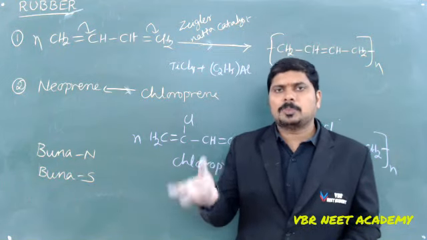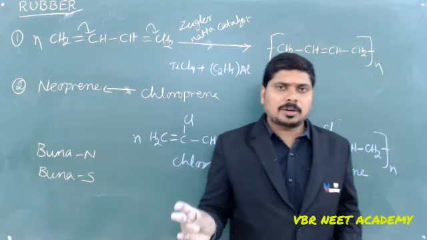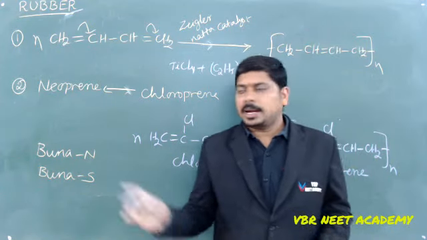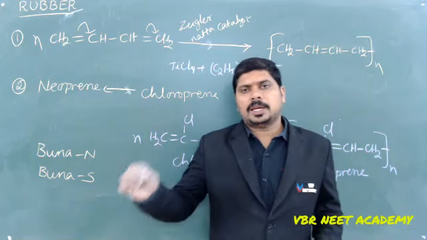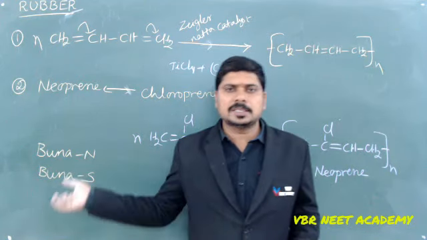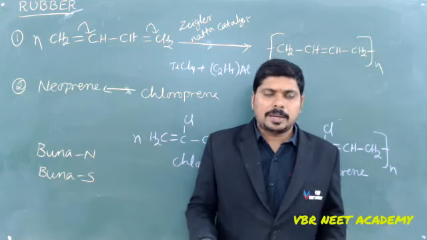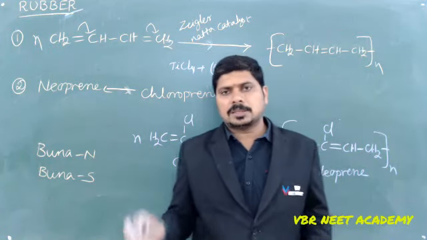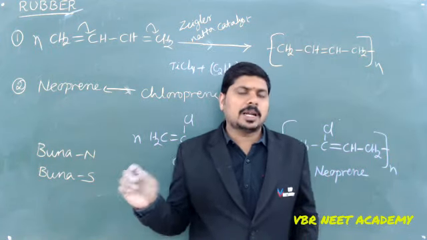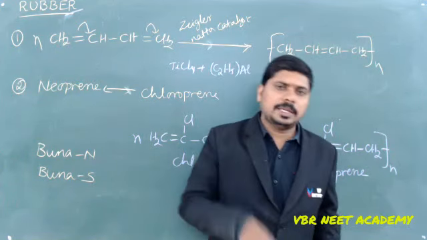So the remaining polymers: polythene, polyvinyl chloride, Teflon, and the Buna rubbers all come under addition polymers, polyenes. And we are going to have polymethyl acrylate, and methyl acrylate. Then we are going to have nylon 6,6, nylon 6, and Dacron. They all come under polyesters.